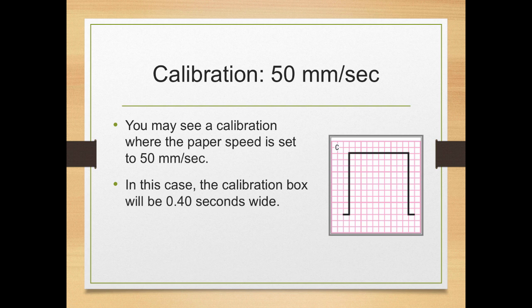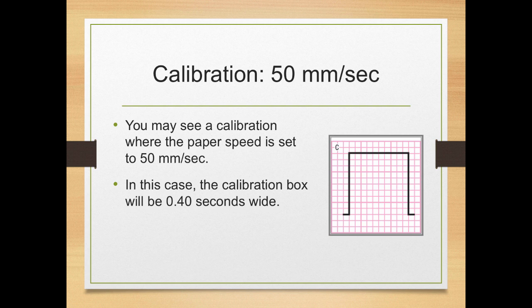Another calibration box difference that you'll see is this double wide calibration box. Instead of 25 millimeters per second print speed, we'll print it out at 50 millimeters per second.